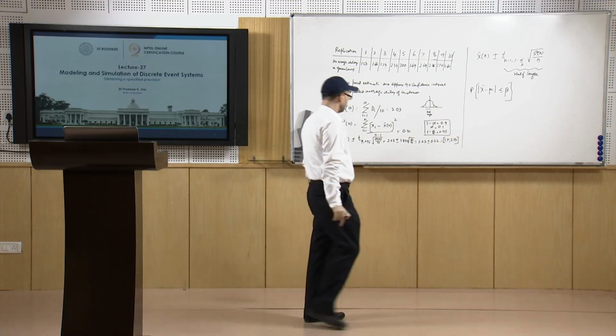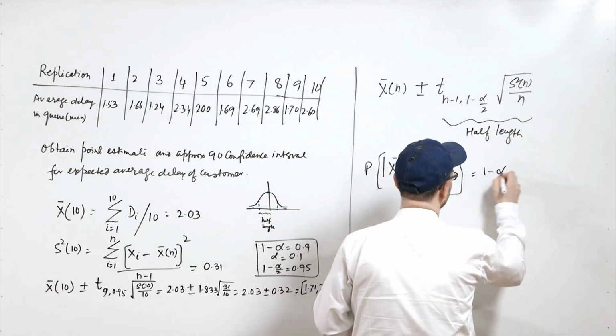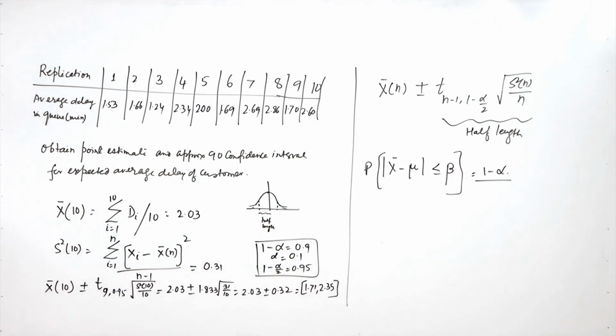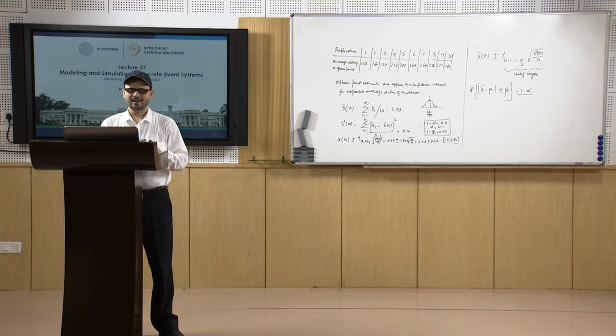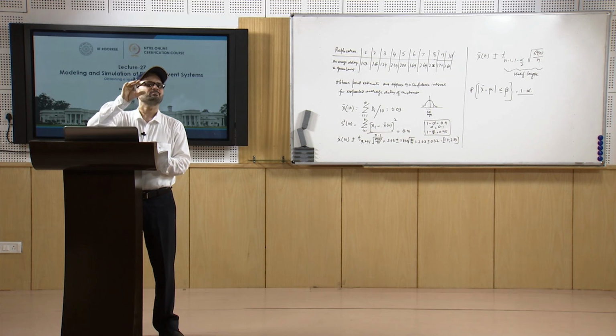So, this probability value is equal to 1 minus alpha. So, we will have the question: how many replications should you go for, so that you get that specified precision?